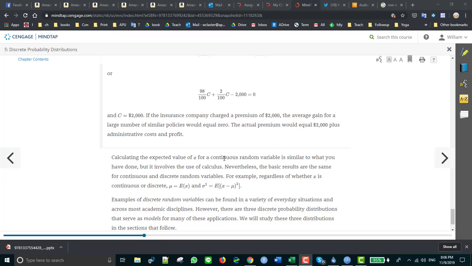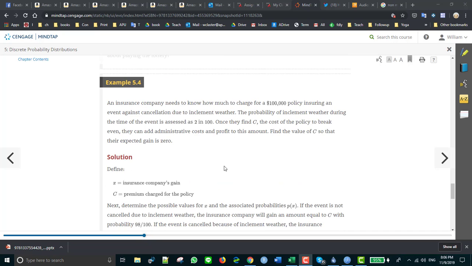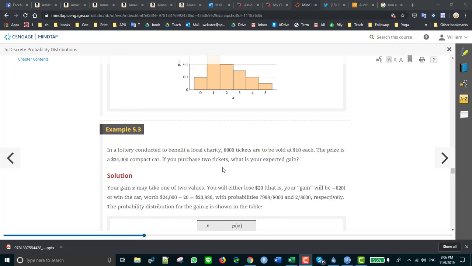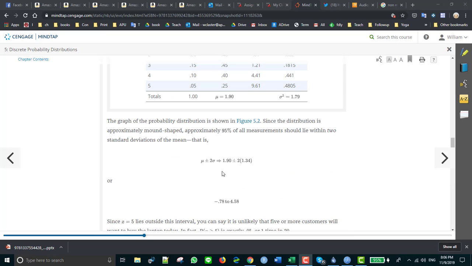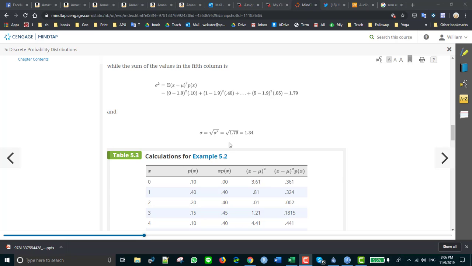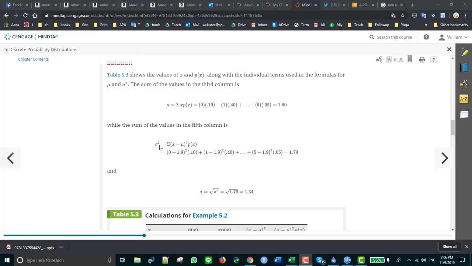But in the case of continuous, instead of using sigma, which we saw, we use sigma for both of the formulas, right? For sigma squared, we use this capital sigma, and for this mu, we use this capital sigma. So we use sigma both times.